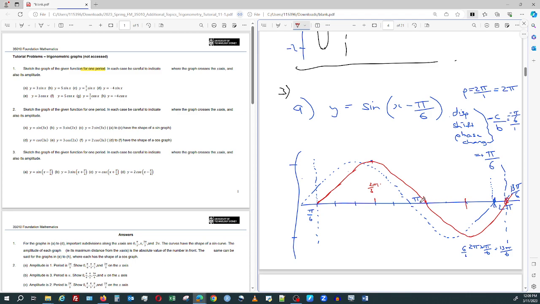Pi plus pi on 6 is 7 pi on 6, the halfway point. 2 pi times 6 is 12 pi, plus 1 is 13 pi on 6. 1, 2, 3, 4, 5, 6, 7 pi on 6. Oh, that's 14, isn't it? You've got to add 1.